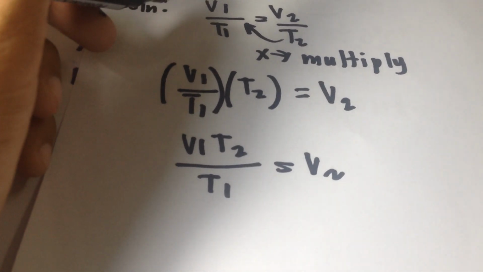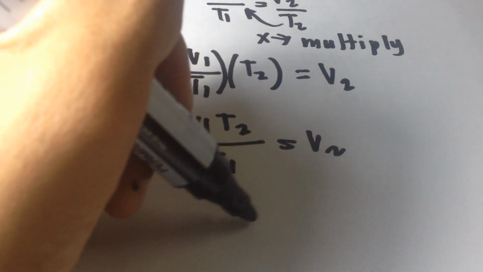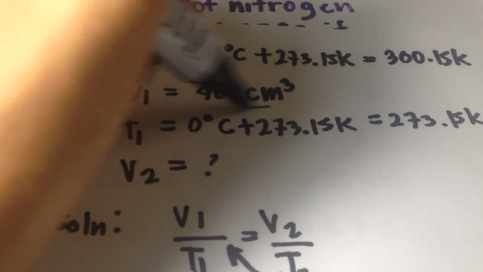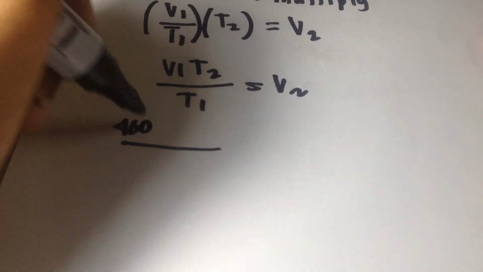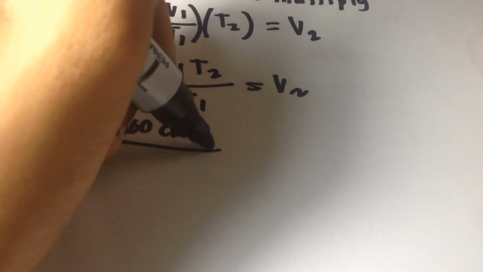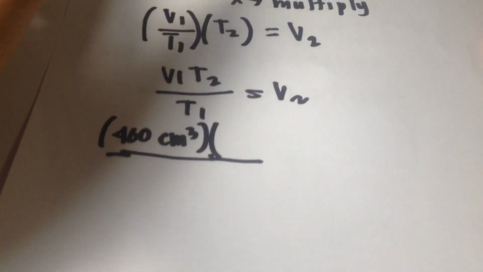Did you understand it? Now we need to plug in the values. Volume 1 is given here, which is 400 cubic centimeters.